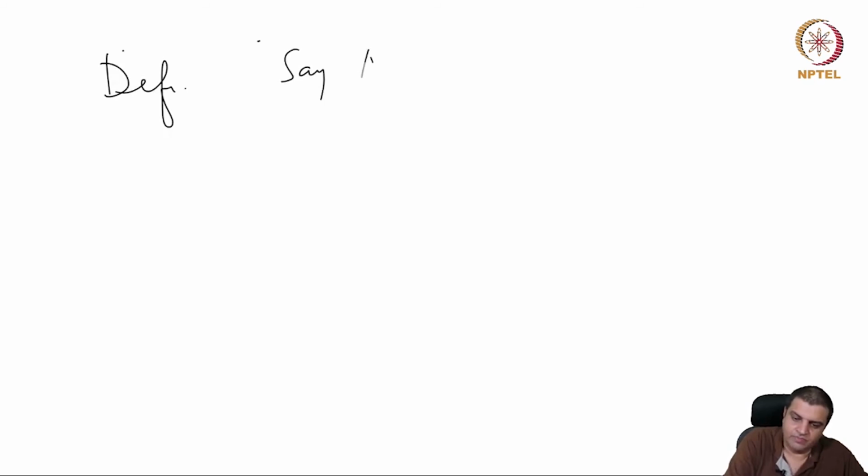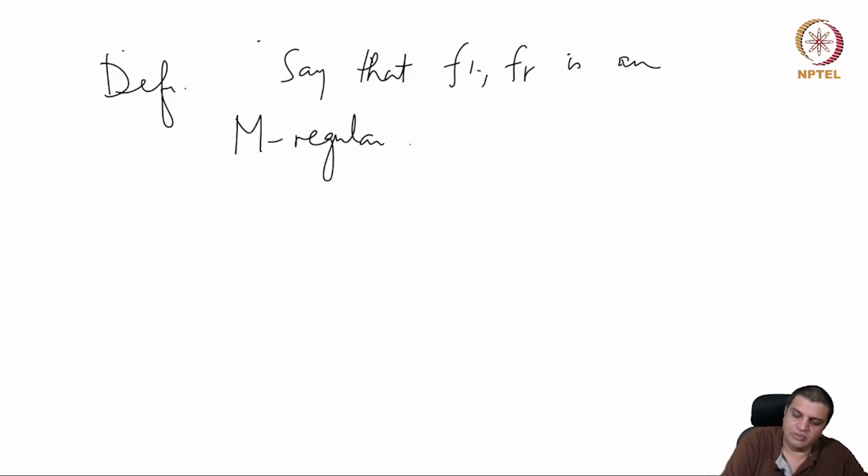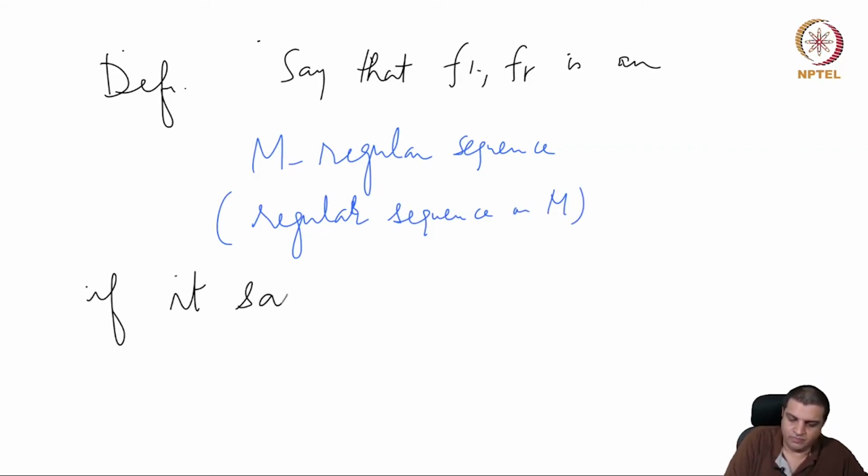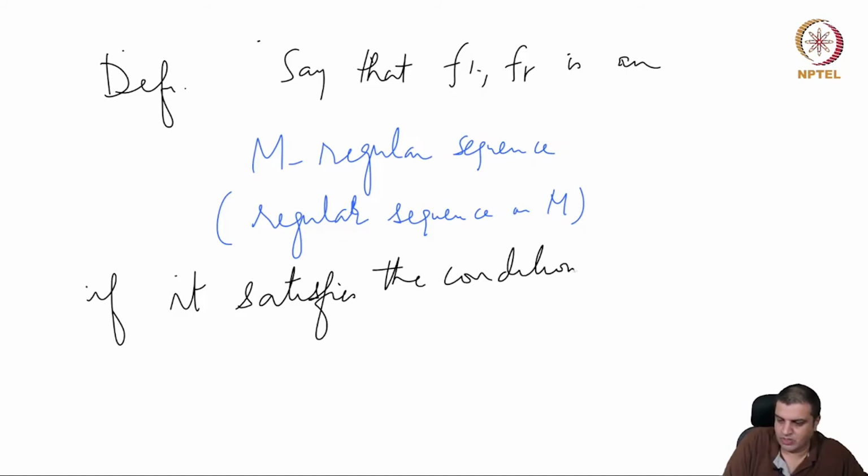We say that F1 through Fr is an M regular sequence, or a regular sequence on M, if it satisfies the conditions of the proposition. Let's just say condition 1 of the proposition. We'll take that as a definition.